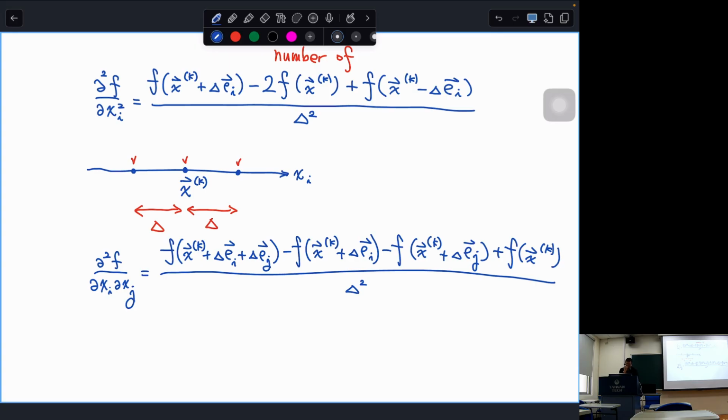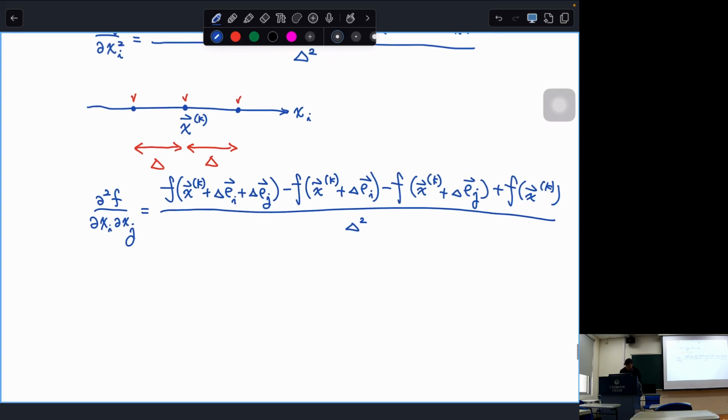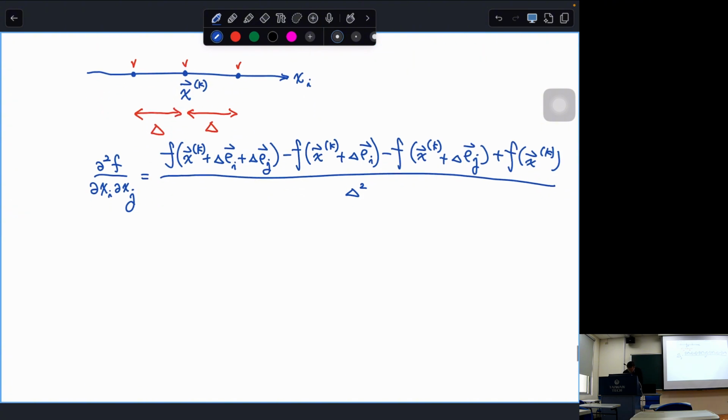Okay. Writing it down makes you scared. Oh, it's such a long equation. But if I make a drawing of it, then you will know what's happening. So this is the xi direction. This is the xj direction.